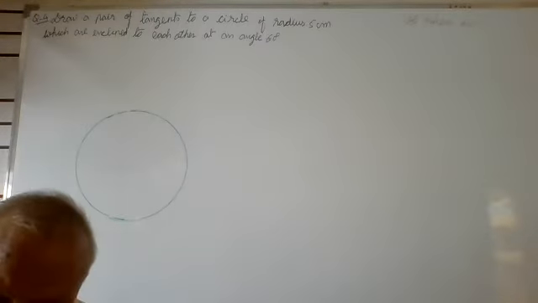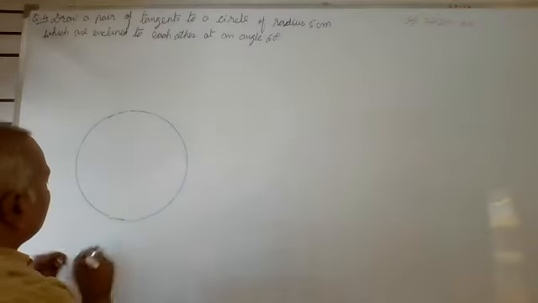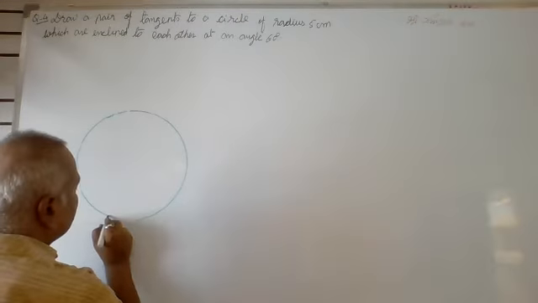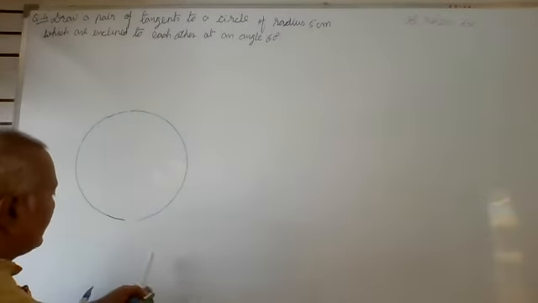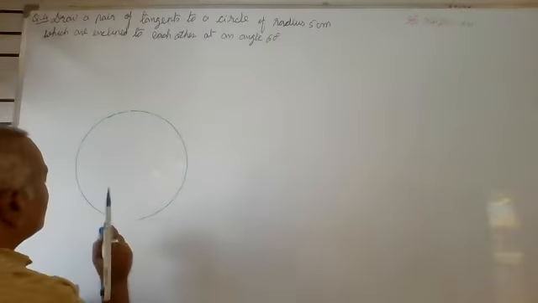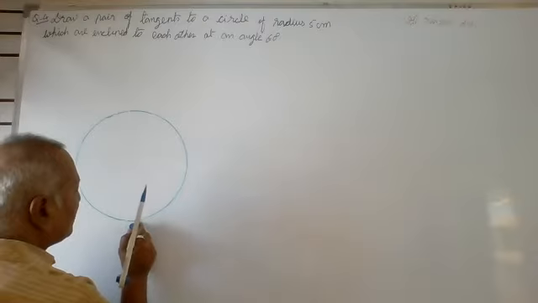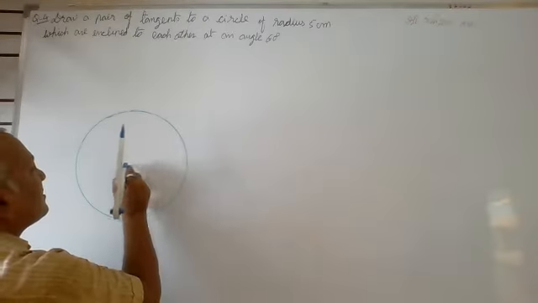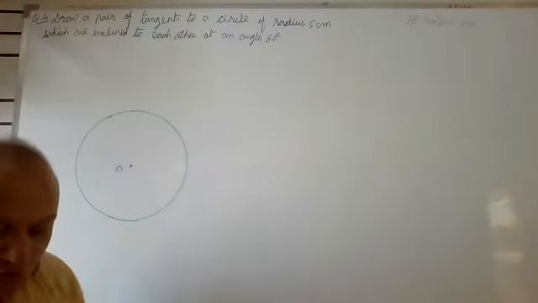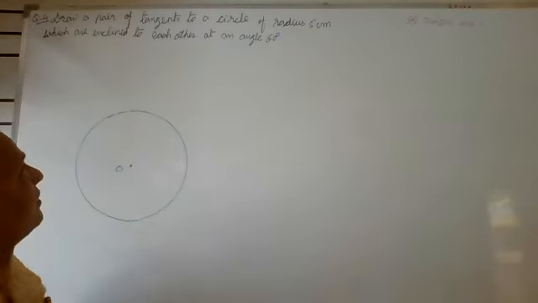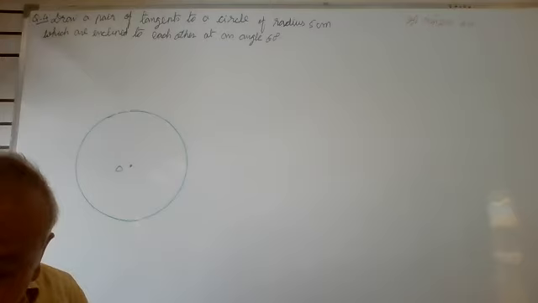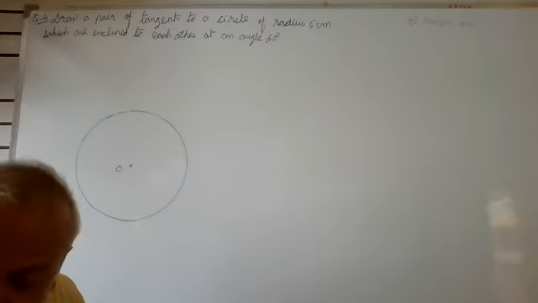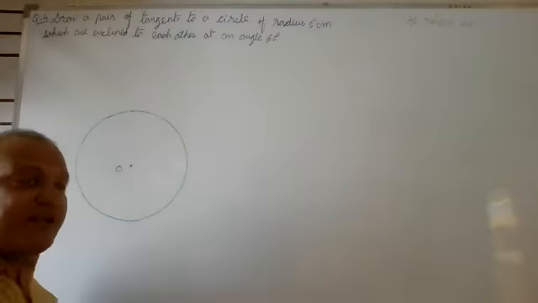Now this circle has a center, we can say it is O. I will give the name to the center. It is O. Now from O we have to draw two radii in such a way that they form an angle of 120 degree.